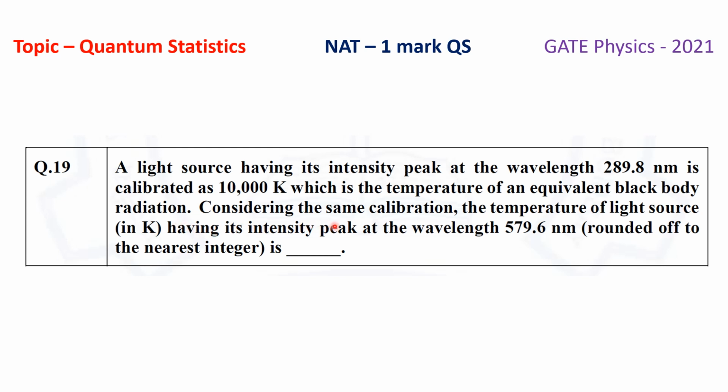Considering the same calibration, the temperature of the light source in Kelvin having its intensity peak at the wavelength 579.6 nanometer, rounded off to the nearest integer, is? So we have to find the value of the temperature at which the intensity peak is coming at 579.6 nanometer. Let's see how to solve this problem.